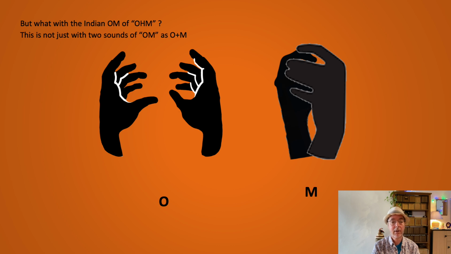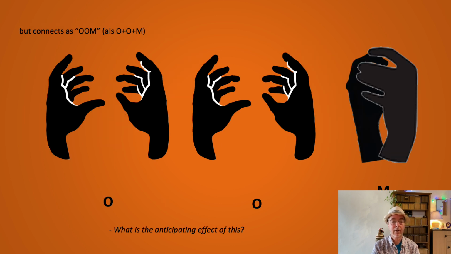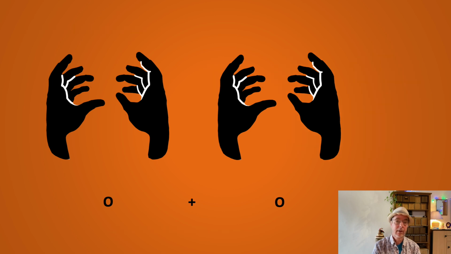So we need two times the O, or the U plus M. What will be the effect? The effect will be different, of course, than when we have the single O. We may express it again, we're not robots, so if you have an emphasizing, it will enlarge, and you will express it better.